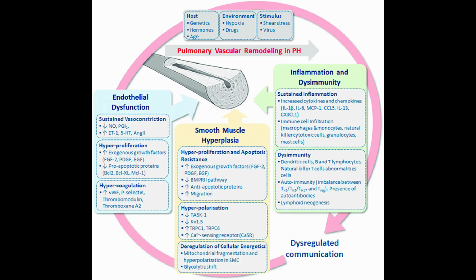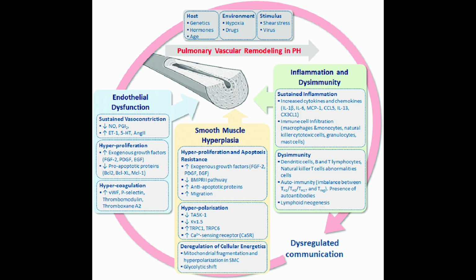The main things I'm going to talk about are the medications used to prevent vasoconstriction, like those helping increase nitric oxide, the prostacyclin, and also decreasing the endothelin or ET1.